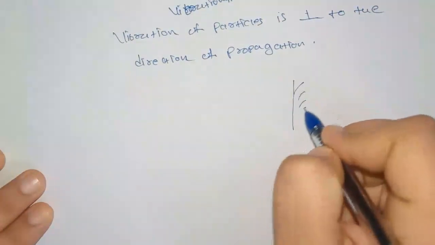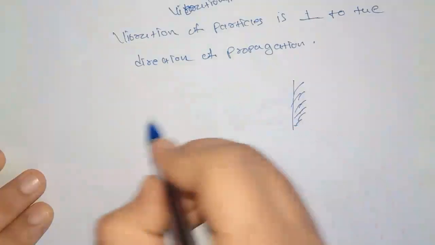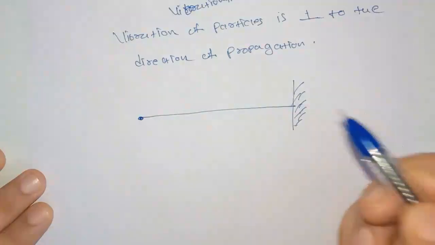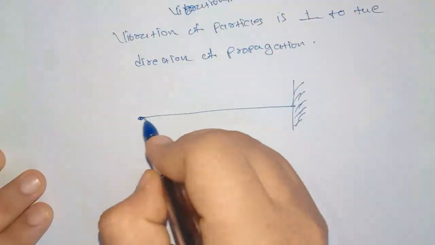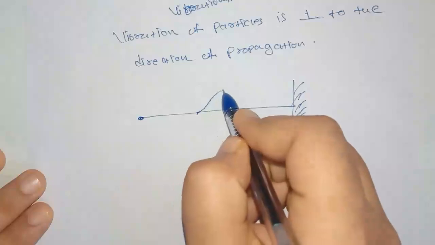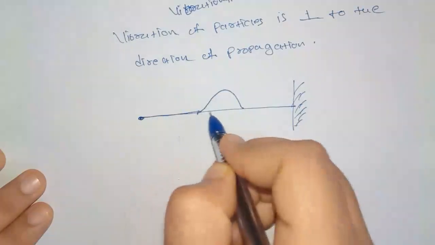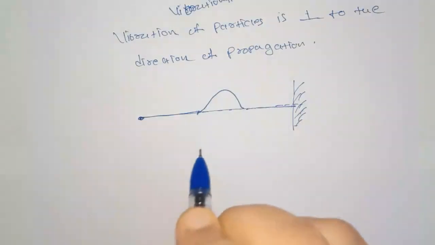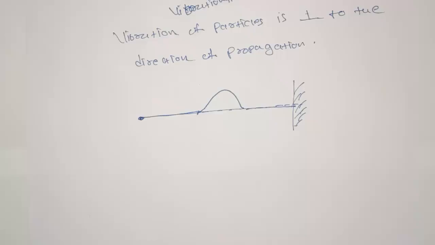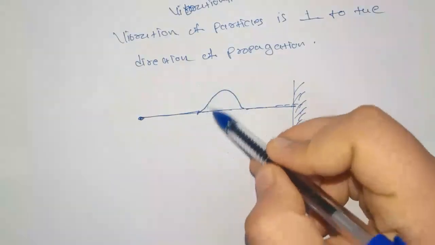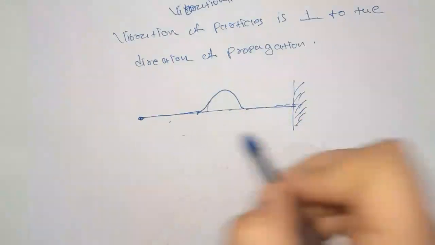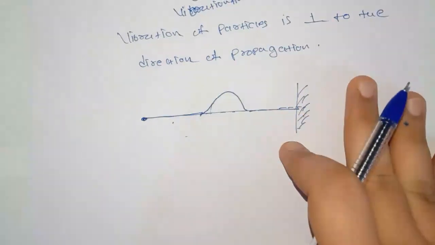We have attached one end of a string to a rigid support, and from the other end we will give a pulse. So this pulse will be traveling towards the fixed end. Here the vibration of string particles is perpendicular to the direction of propagation.